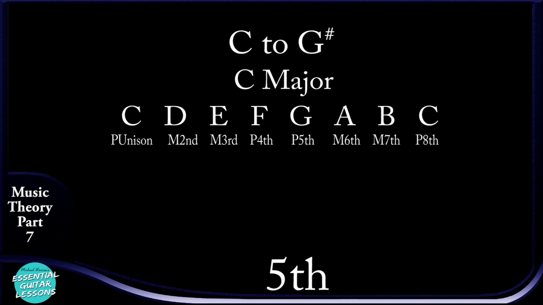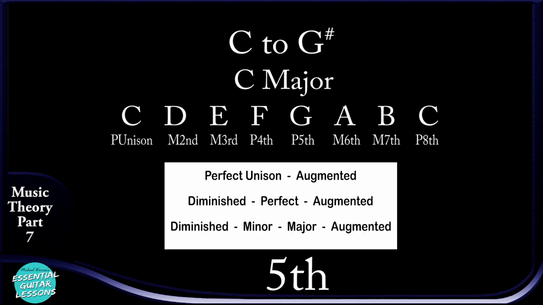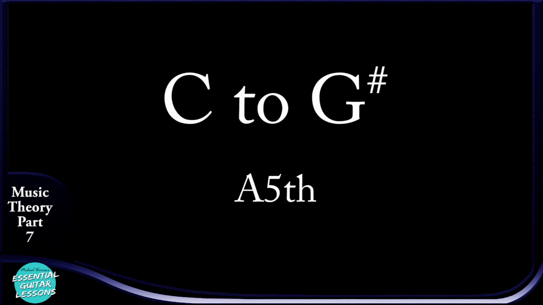And if we see our C major just has a natural G, so no sharp or flat, and that makes it a perfect fifth. So this time we bring up the first chart we looked at, and what happens to a perfect when we sharpen it? It becomes augmented. So the 5 stays the same. Now we have an augmented fifth there instead of a perfect fifth because it's G sharp. So C to G sharp's an augmented fifth.